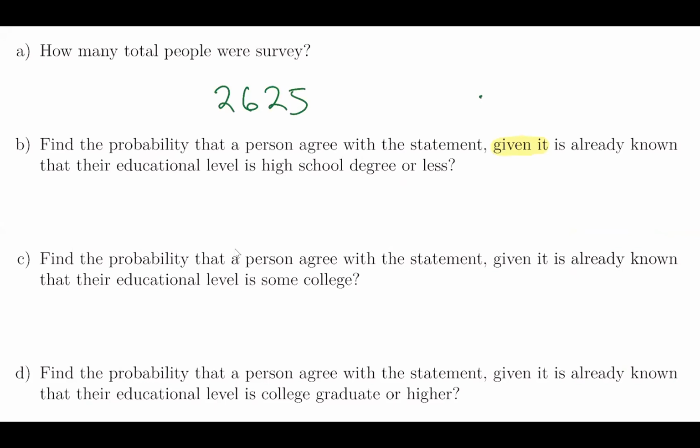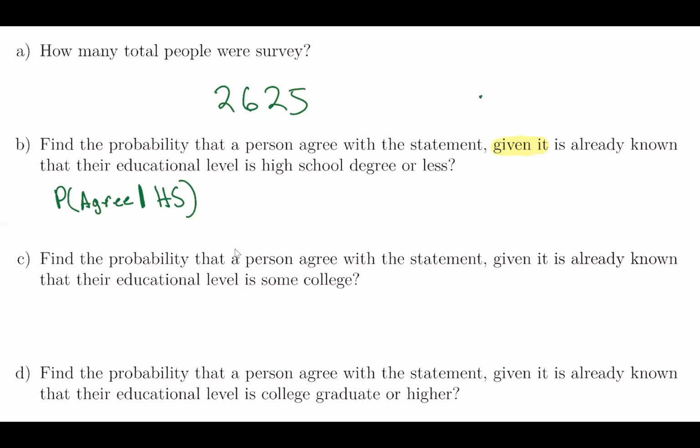And we want to find the probability that this other event occurred. So for this one, we're going to write the probability you agree with the statement given they have a high school or less education. We know their education level, but we don't know that they agree with the statement.